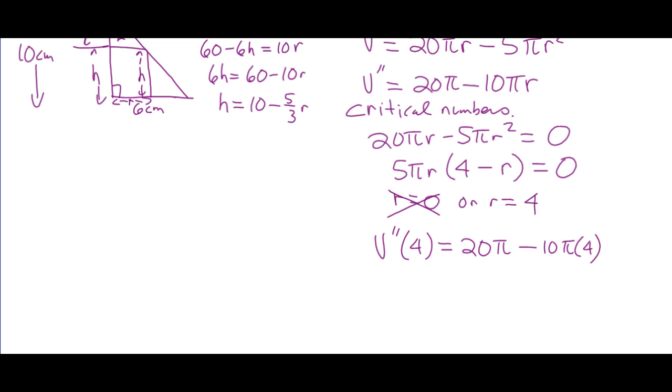And what can we say about this? It's 25 minus 45, which is negative, right? If it's negative, then what? Negative 20 pi, so it's concave, which means there is a maximum. Were we looking for a maximum?